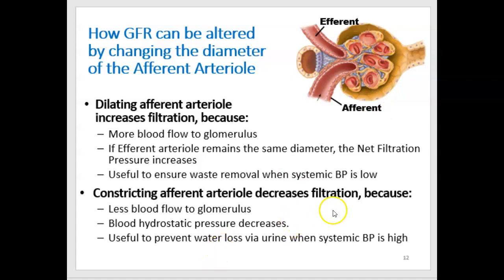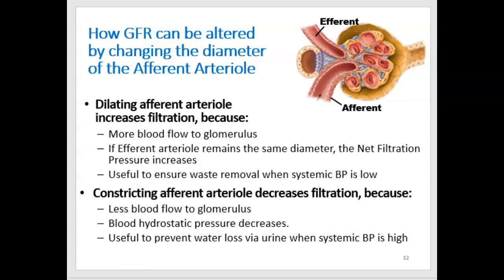In contrast, if the afferent arteriole was constricted, narrowed, that's going to decrease filtration. You'll have less blood flow into the glomerular capillaries. And if you have less blood flow, you have less blood pressure. Now, that's useful to prevent water loss with the urine when systemic blood pressure is high.